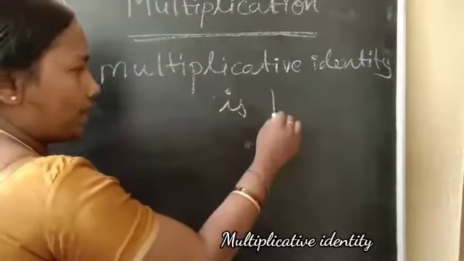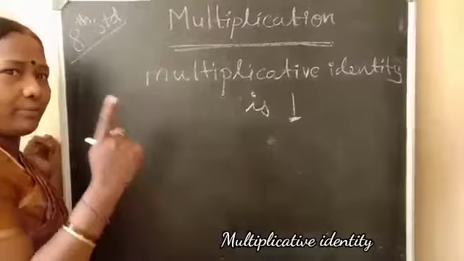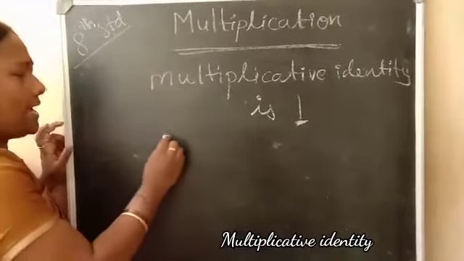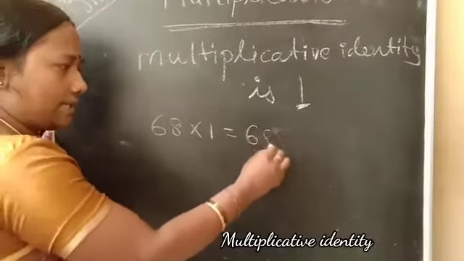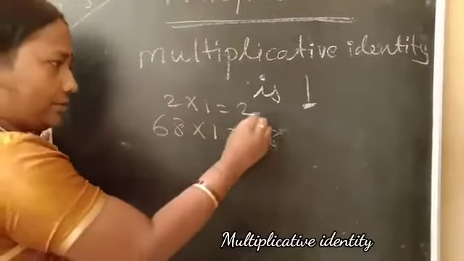Identity is 1. Why? Because any number, if you multiply by 1, the same number will be your answer. Example, 68 into 1 equals 68. Suppose 2 into 1, 2.